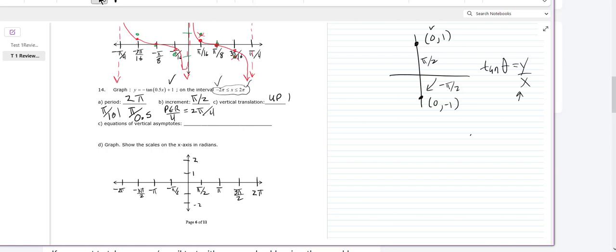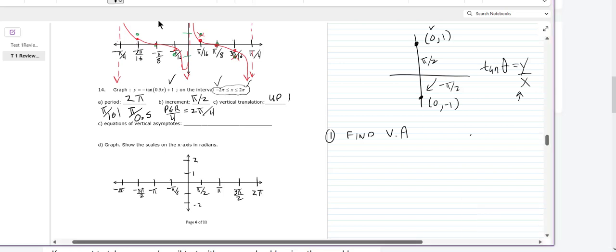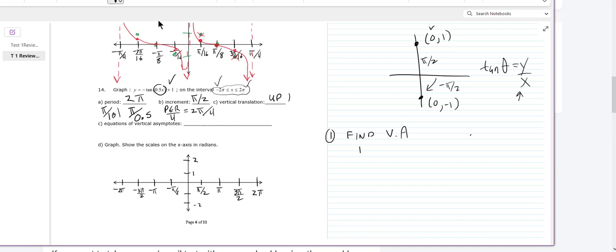So what you do to find a vertical asymptote, and this is the way I like to teach this, when you graph a tangent or cotangent: take the argument, which is 1/2 x, and set that equal to a place where the tangent's undefined.